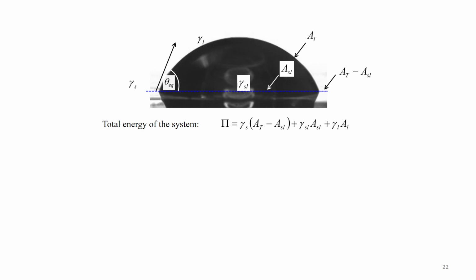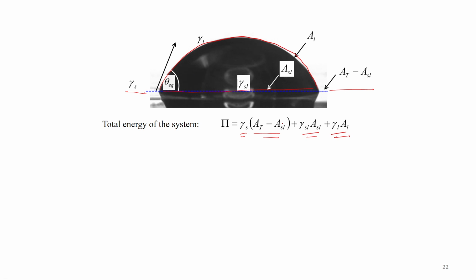So, what is the total energy of this system? We can write gamma L into AL, that is the energy corresponding to this particular surface. Then I can write gamma SL into ASL, that corresponds to this energy, and then I have gamma S into (AT minus ASL), because AT is the total surface area, and some portion is occupied by this liquid.